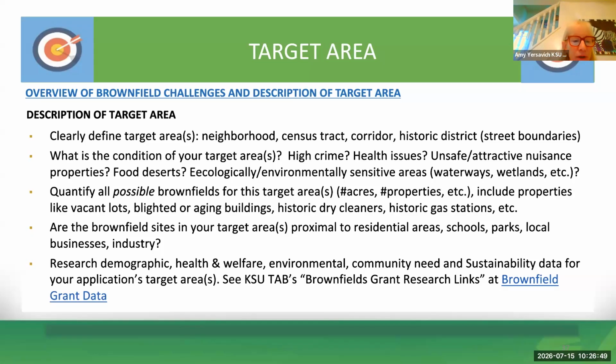Are they aging buildings that are falling apart? Historic gas stations, that sort of thing. Just providing all that information to help the reviewer understand what your target area is, number one, and what their problems are and what it looks like, kind of in their mind.